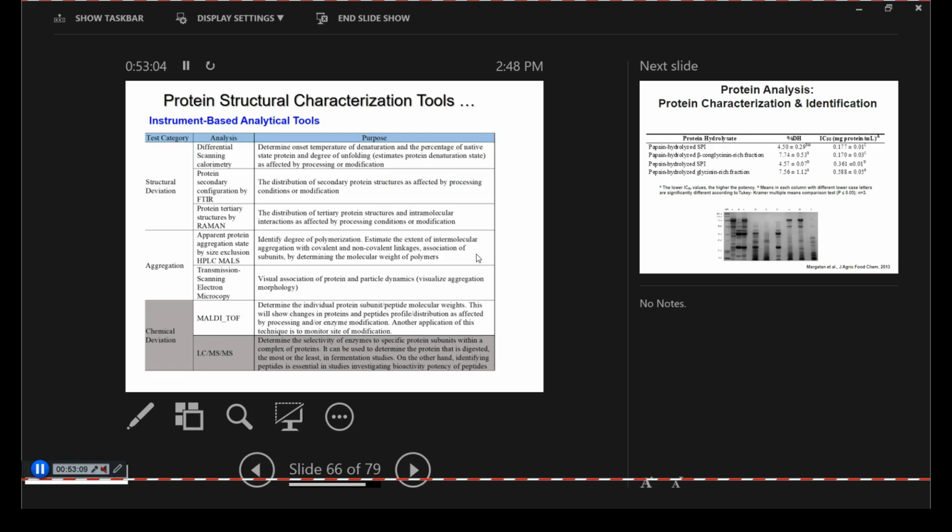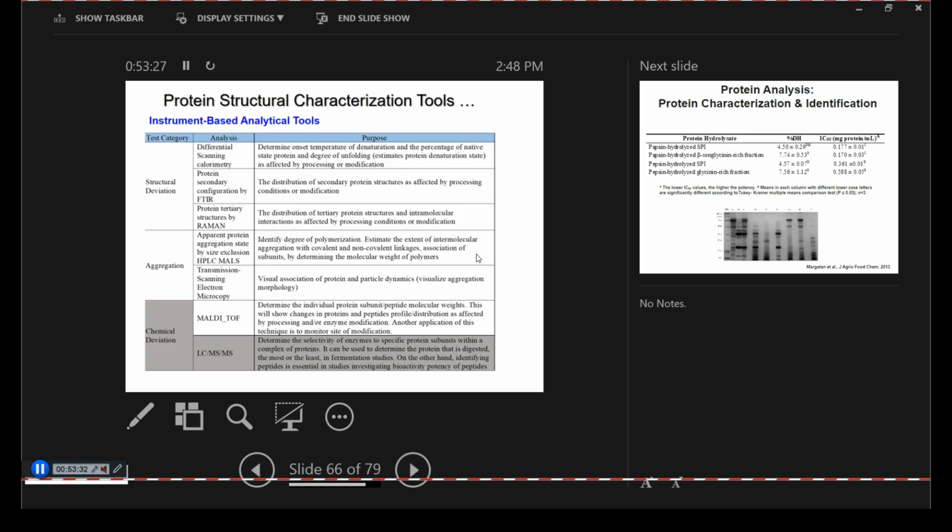Okay, LC-MS for also structural changes has often been used to determine selectivity of the enzymes, so what kind of peptides are produced, and the origin of the peptides, what subunits within the protein the enzyme was able to hydrolyze.